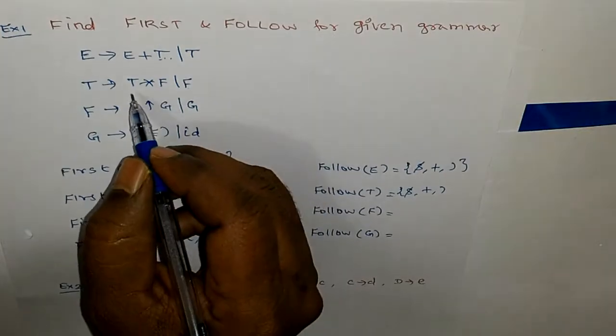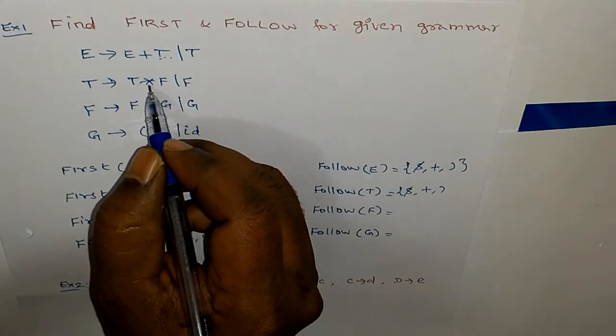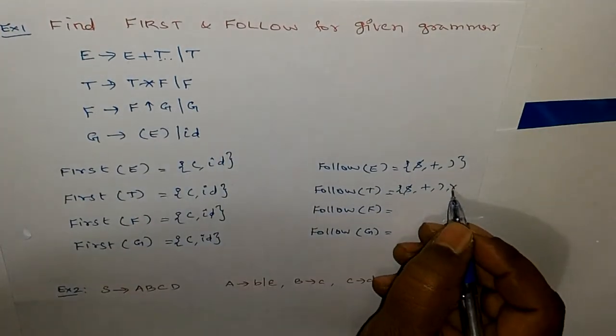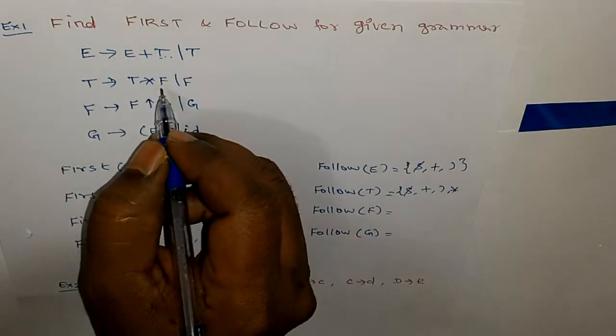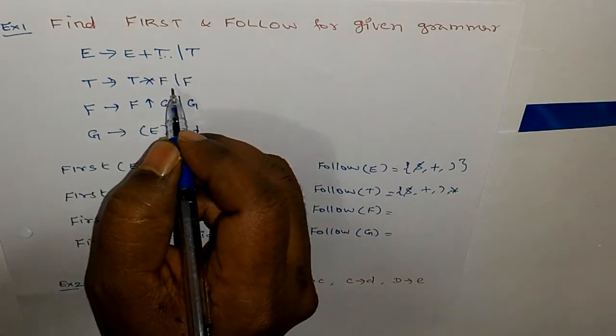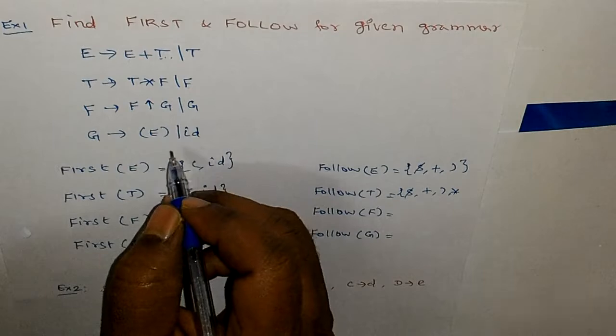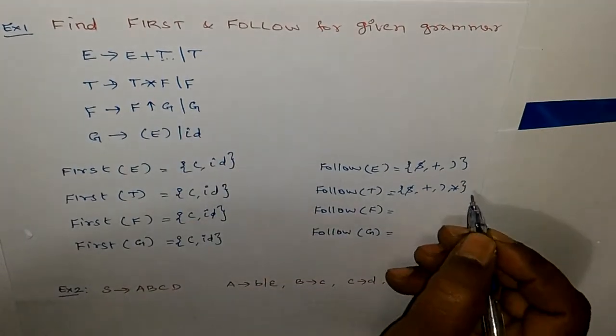Then T appears here, so T follows star, so star is another follow of T. That's it, T does not appear here or here.